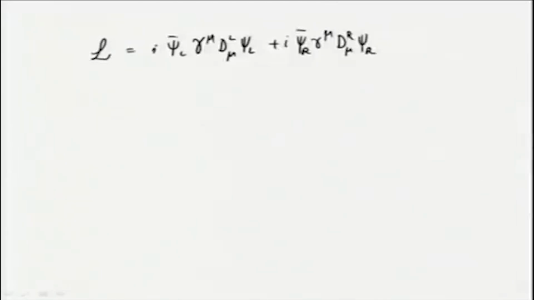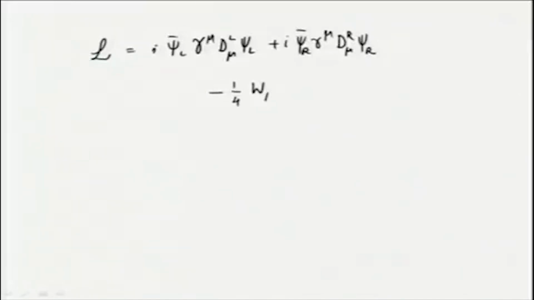Now, let me write down the Lagrangian: i ψ̄_L γ^μ D_μ^L ψ_L + i ψ̄_R γ^μ D_μ^R ψ_R. This is what we had written down earlier as well. This is gauge invariant now, but to make the newly introduced particles physical particles, we need to add the kinetic energy term.